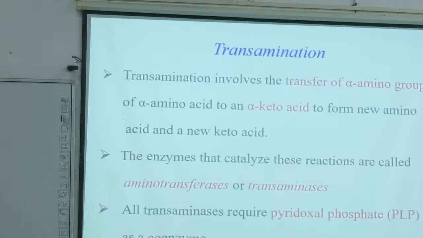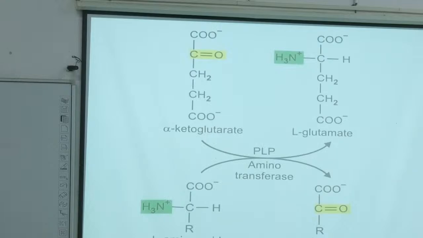Removal, you already know there are two reactions, transamination reaction and oxidative deamination reaction. Last time we discussed all of these reactions in detail. There is a PLP dependent enzyme reaction. PLP stands for vitamin B6, that is pyridoxal phosphate, which leads to transfer of the amine group from one keto acid to another, glutamate.